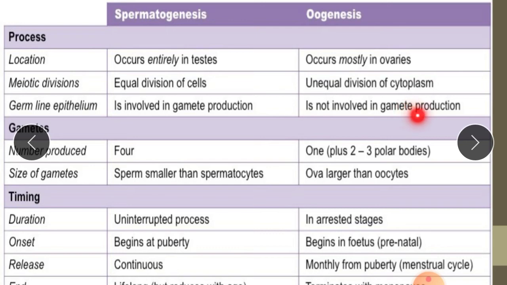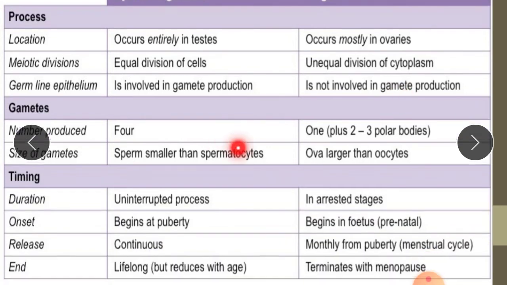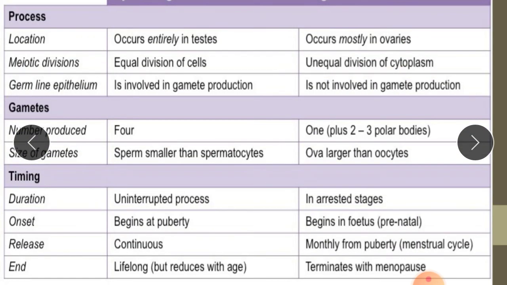Remaining cells are formed as follicular cells, which surround the centrally present ovum. Gametes, number produced. Here 4 sperms are produced. Here only one ovum is produced.